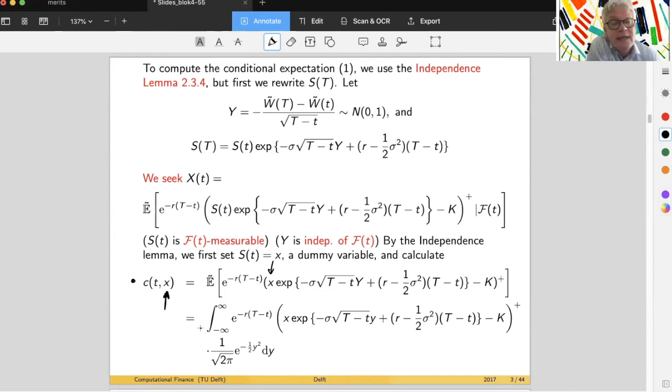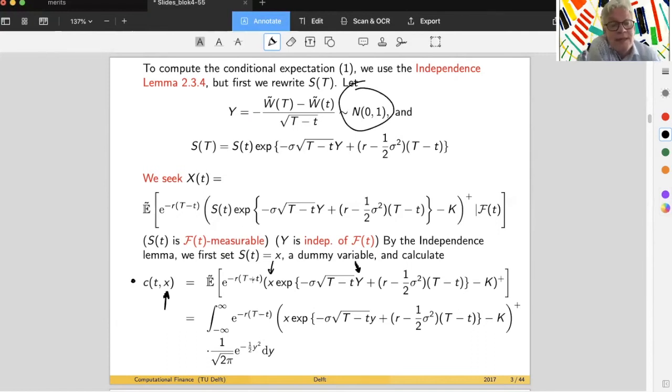That is an integral from minus infinity to infinity, just using the definition of the expectation, knowing that y is standard normally distributed, very important. That's a standard normal, so that we will be using, because an expectation is, of course, the argument under the expectation sign times the density function of the standard normal, dy.